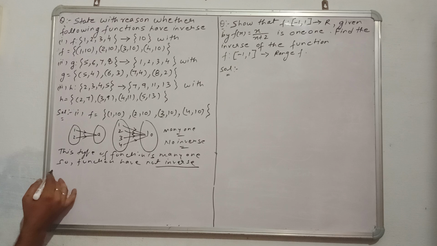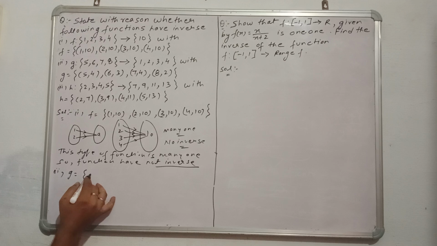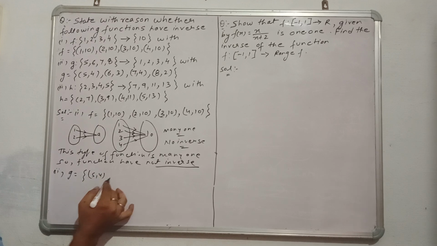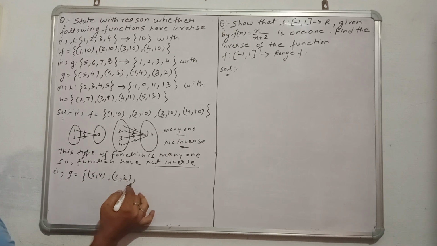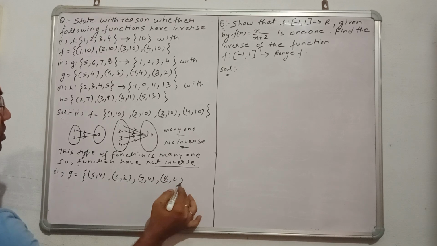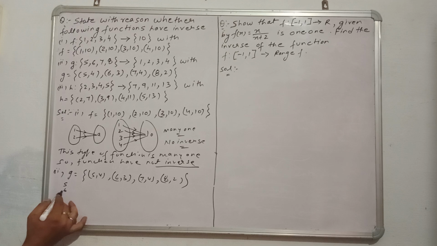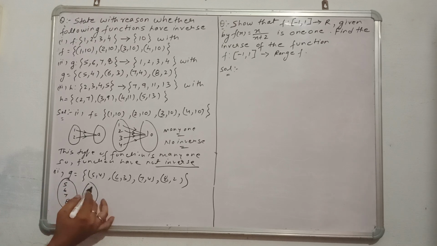Okay. Now see the second one. In the second one, what is given? g is equal to (5, 4), (6, 3), (7, 4), (8, 2). So if you write it like this, 5, 6, 7, 8, and in this you write 4, 3, 4, 2.